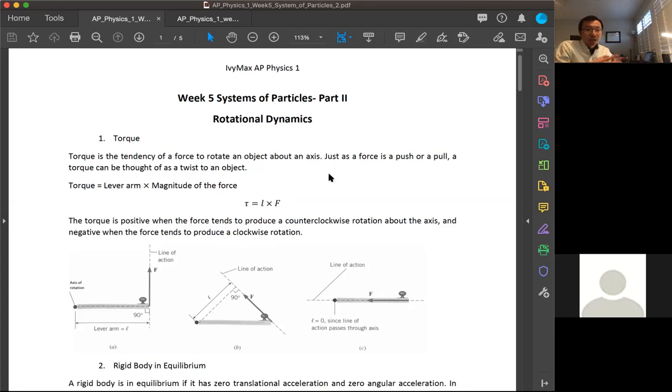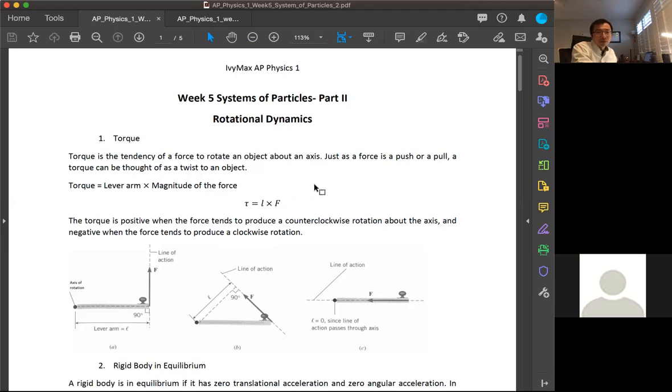Okay, so torque is defined as the lever arm multiplied by the magnitude of the force. Some schools may introduce it that way, probably not.